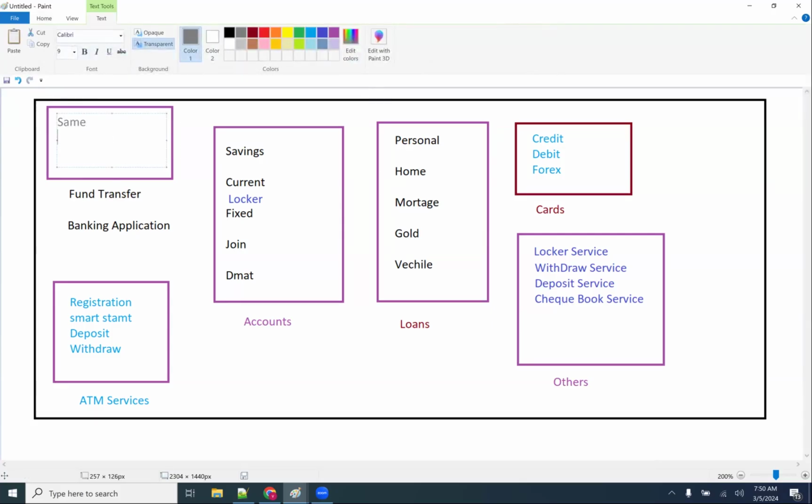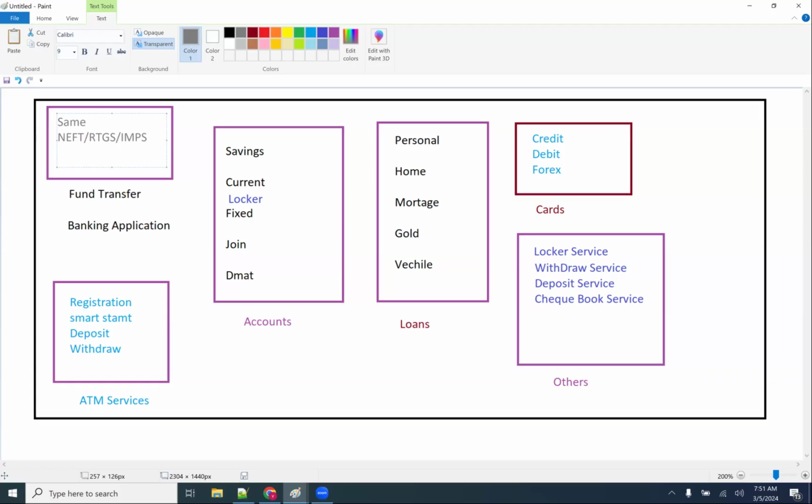Same bank, different bank, NEFT, RTGS, IMPS. Same bank, different bank, different bank through NEFT, RTGS, IMPS.